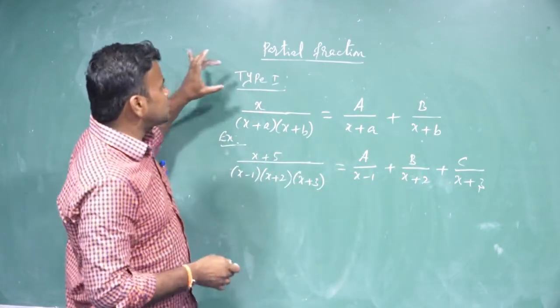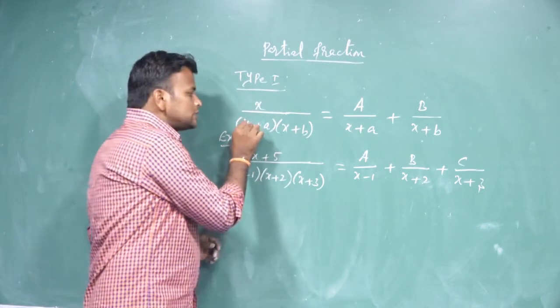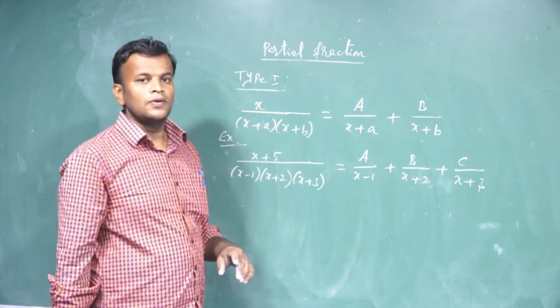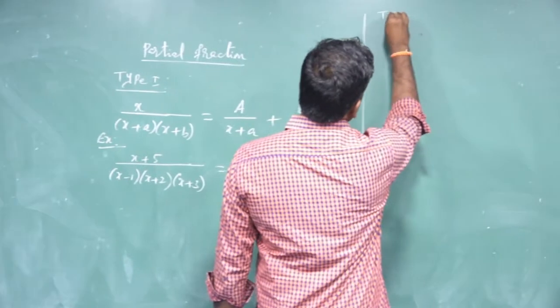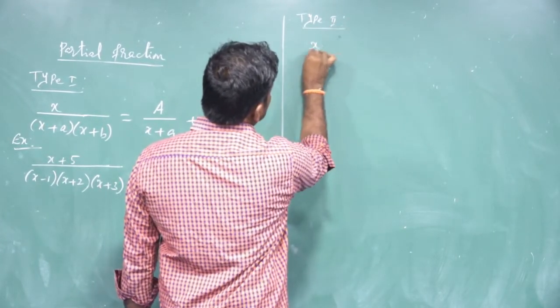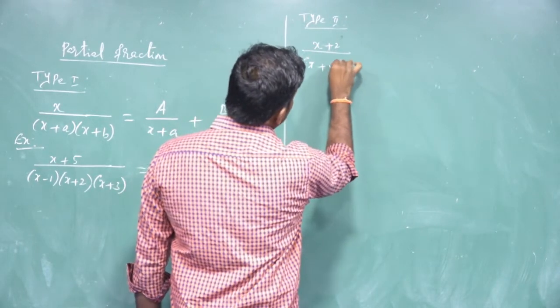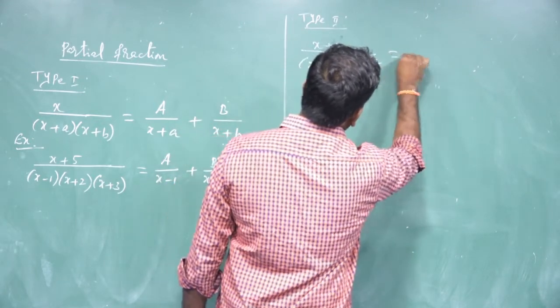First we explain the types. Suppose the term is of the form where each and every linear factor has a constant. So this is the first type. And the second, type 2, is a repeated factor. Suppose the numerator is x plus 2 and the denominator is x plus 5 into x plus 3 the whole square.